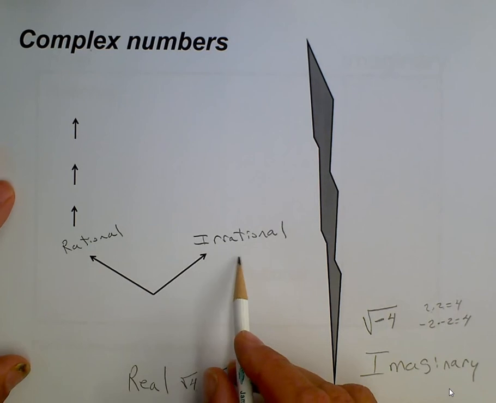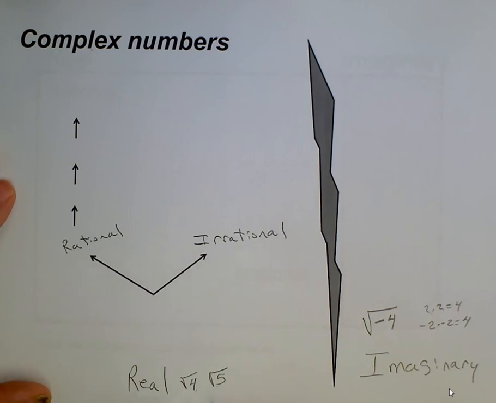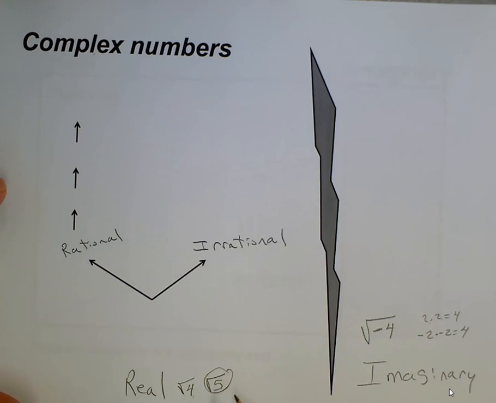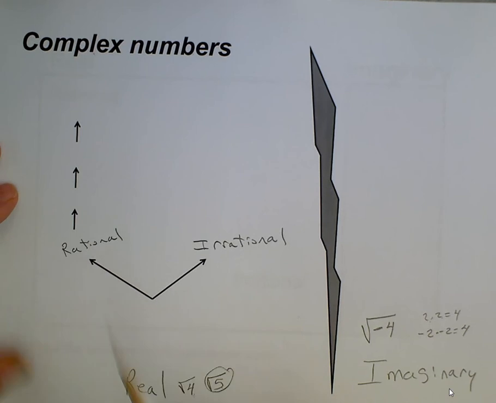So an irrational number, for instance, would be the square root of 5, because there is no number that when you multiply it by itself exactly equals the square root of 5. The square root of 5, if I type it in, it's like 2.1 and it keeps on going. The square root of 4, however, is just 2, a nice firm number.